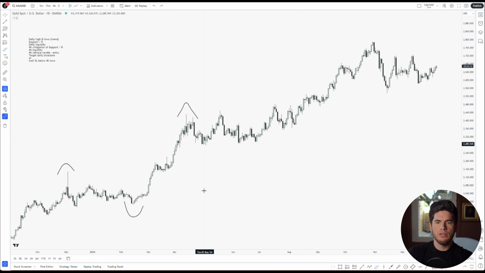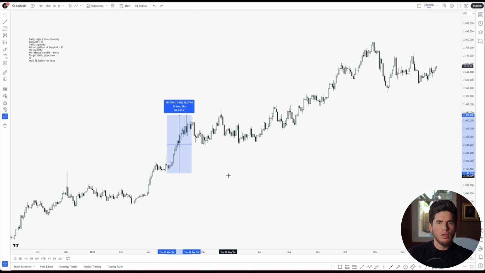This is not going to change for quite some time because every candle takes a whole day to print. And these swing highs and lows are typically going to take anywhere between a few weeks to a few months to change.